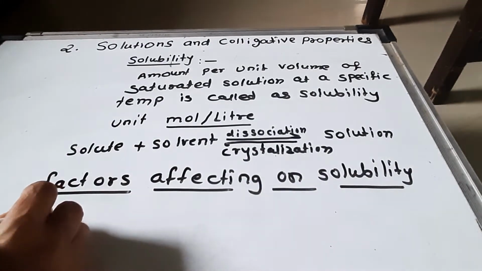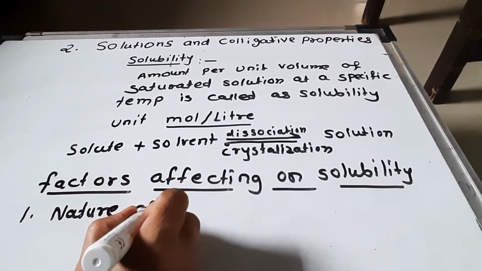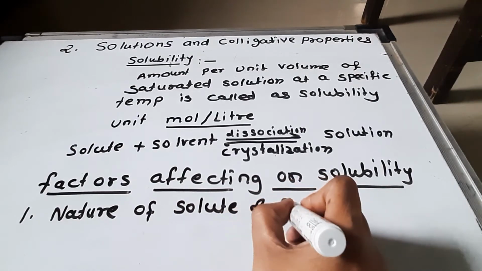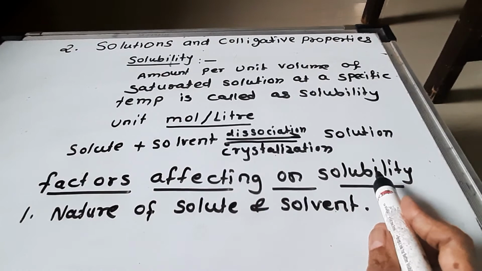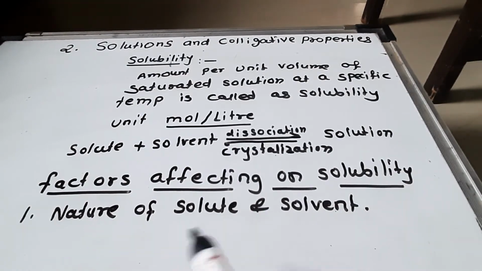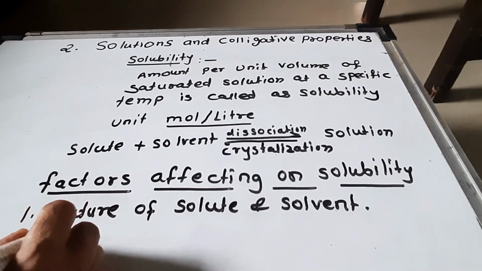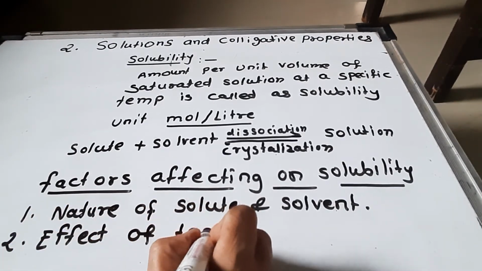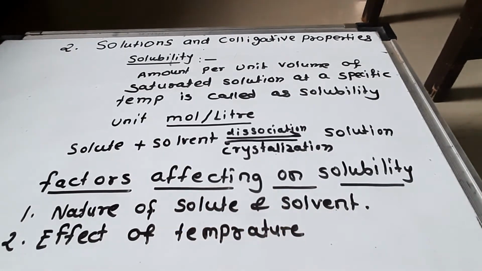First one is the nature of solute and solvent. Its solubility depends on both the nature of solute and solvent. Then second one is effect of temperature. And third one is effect of pressure.